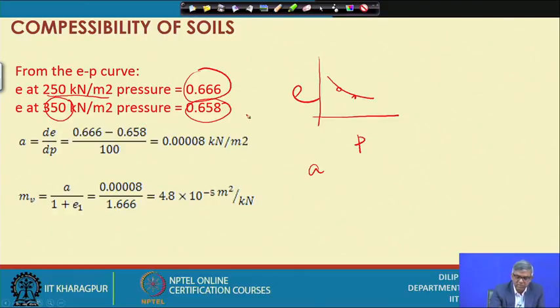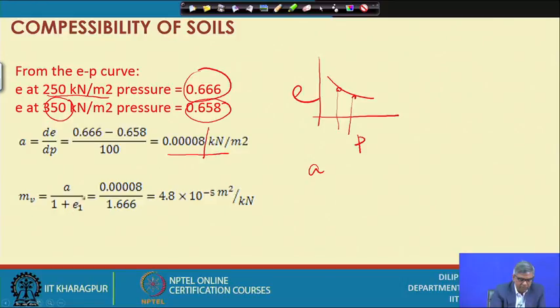Here de is the change of void ratio from this to this, so 0.666 minus 0.658, and the change of pressure, from 250 to 350, so 350 minus 250, it is 100. So, the unit will not be kilonewton per meter square, it will be per kilonewton per meter square.